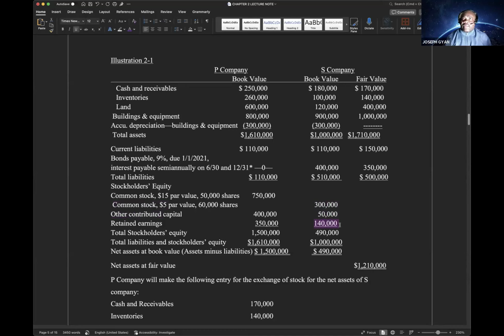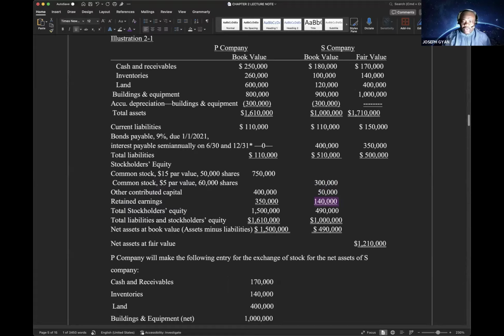One of the things I want you to take note of is these 3 items here. It's very important. In chapter 3, we are going to eliminate these transactions against the investment that the P company is making in the subsidiary company.